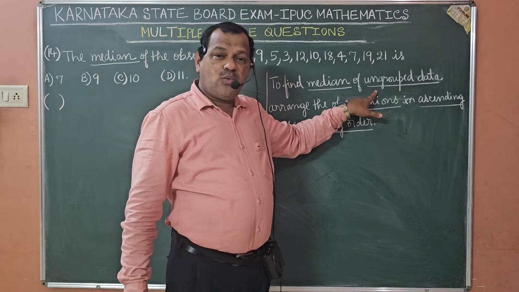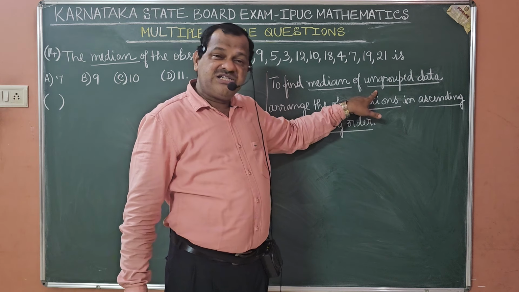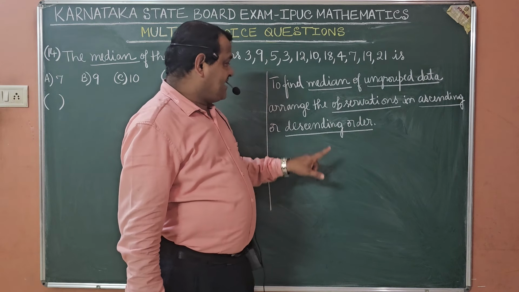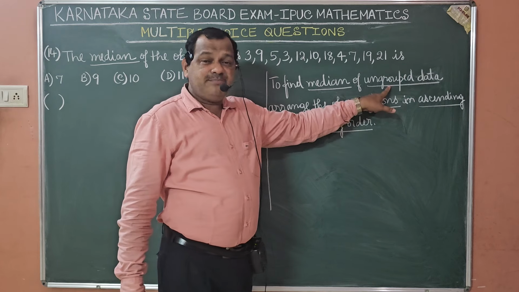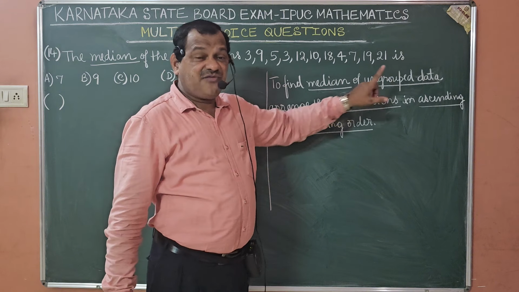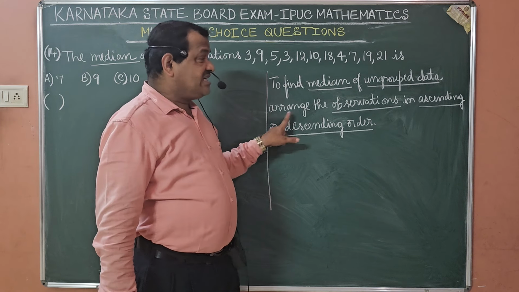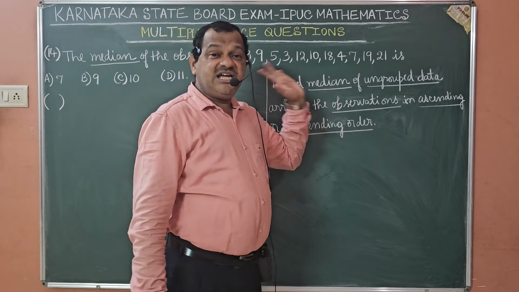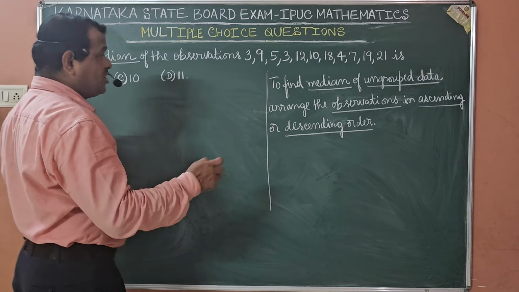Ungrouped data is the one where only observations are given, frequencies are not given. Second, to find the median in case of ungrouped data, we arrange the given observations either in ascending or descending order. I will arrange in ascending order.